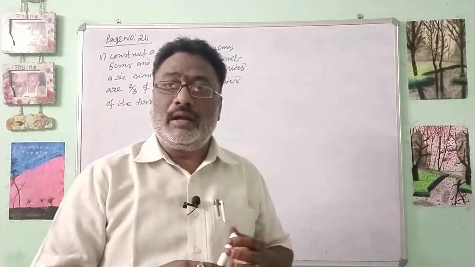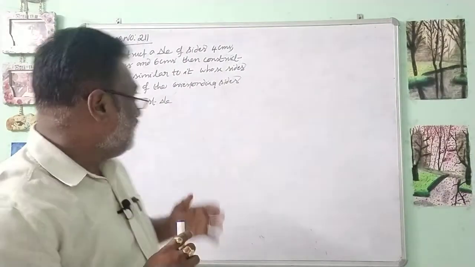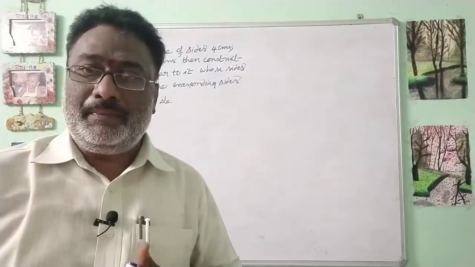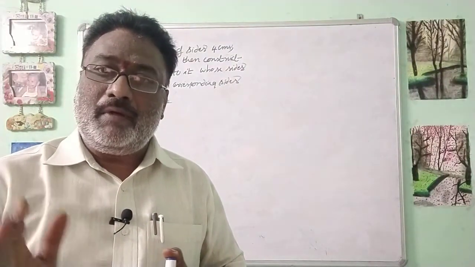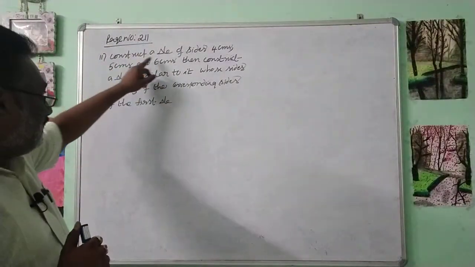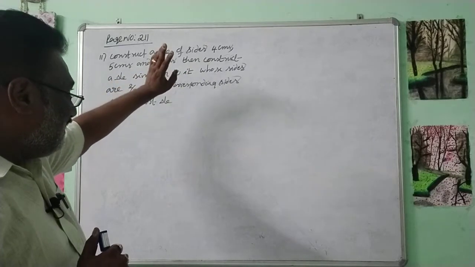Yes, welcome back to the next problem in this exercise, problem number 11. Here, this is also the same type of problem. That's why I am going to explain the same type of problems in the same video. Now listen to me. Construct a triangle of sides 4 centimeters, 5 centimeters and 6 centimeters.